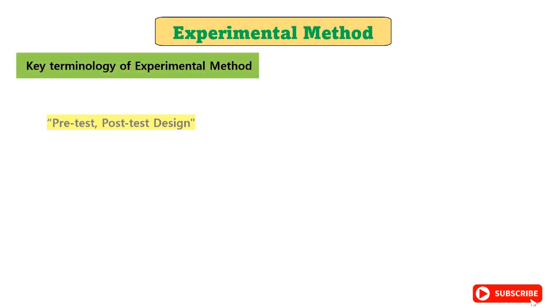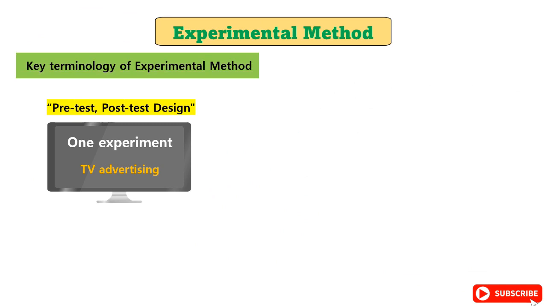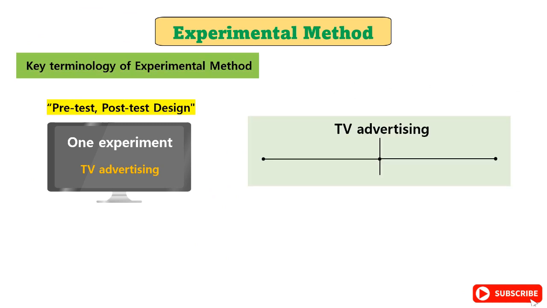Furthermore, there is a term called pre-test, post-test design. The TV advertising serves as one experiment. To measure the experimental effect of TV advertising, we first need to measure consumer behavior before the TV advertising takes place. This is called pre-test measurement. Then, we measure the changes in consumer behavior after the TV advertising.